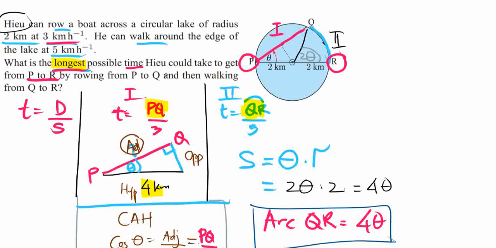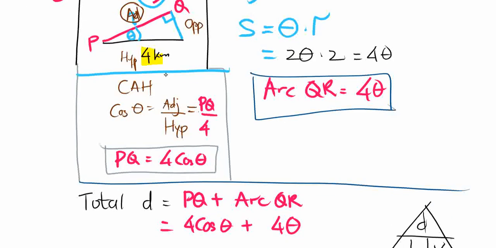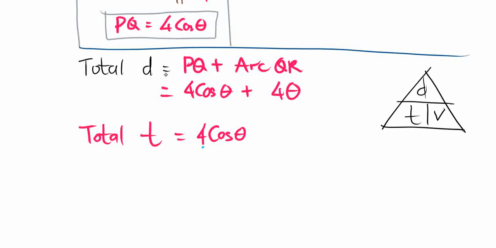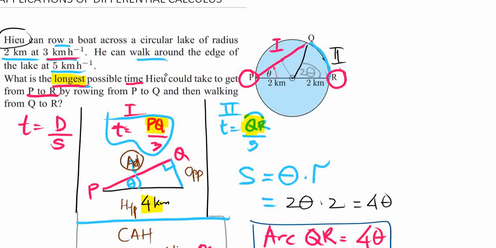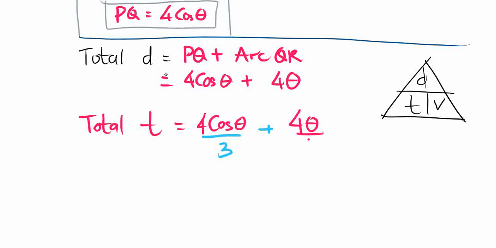So PQ over 3, where PQ is 4 cosine theta, over 3, plus the distance for arc QR, which is 4 theta, and the speed given is 5. Now we shall differentiate the time with respect to theta.